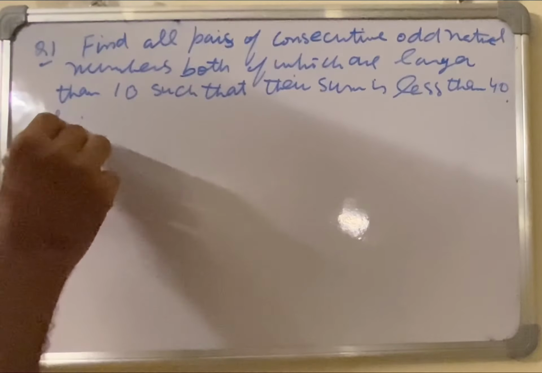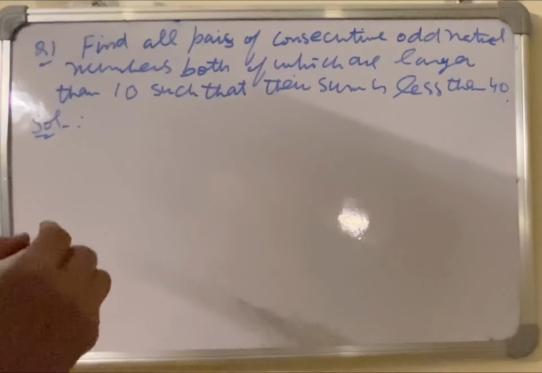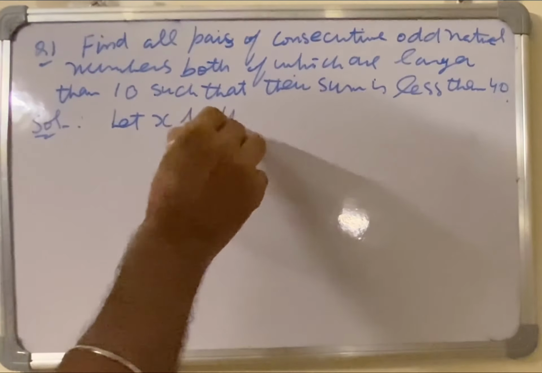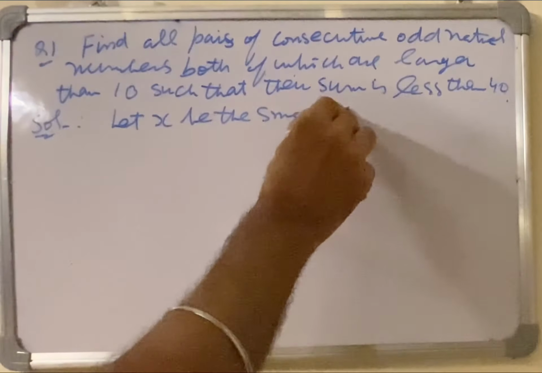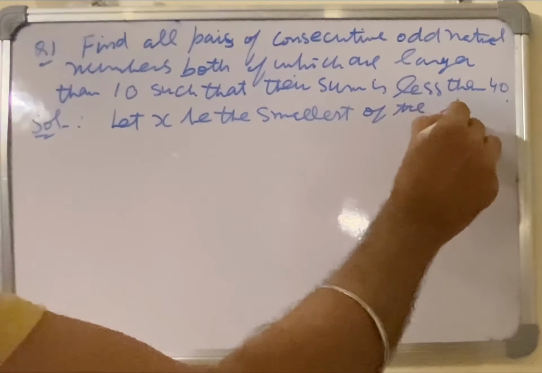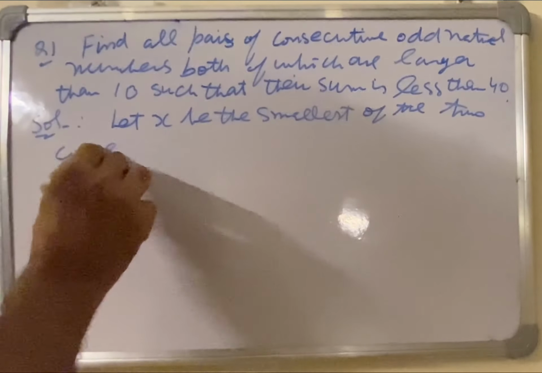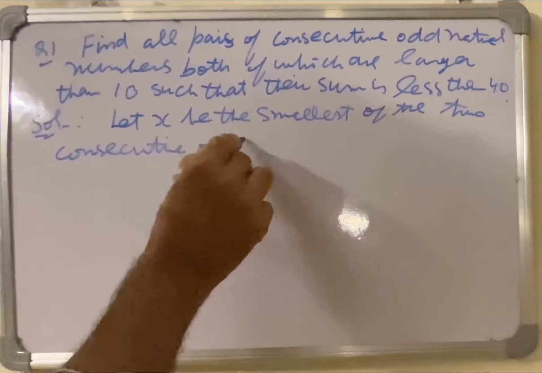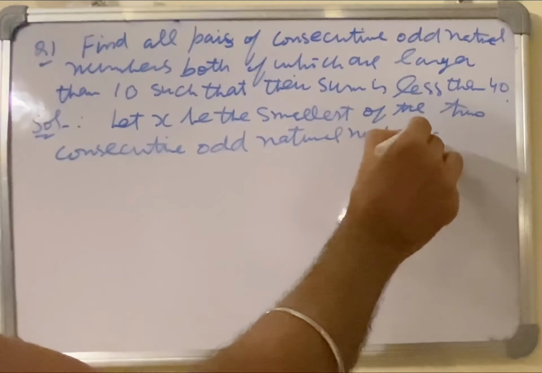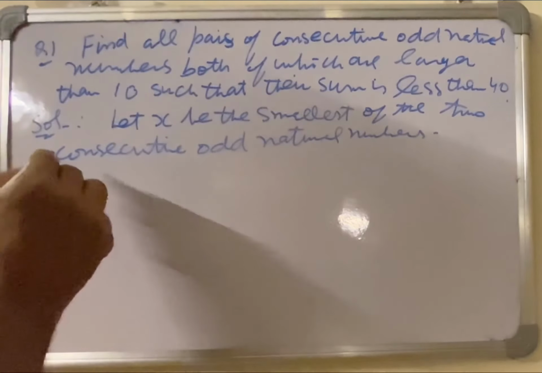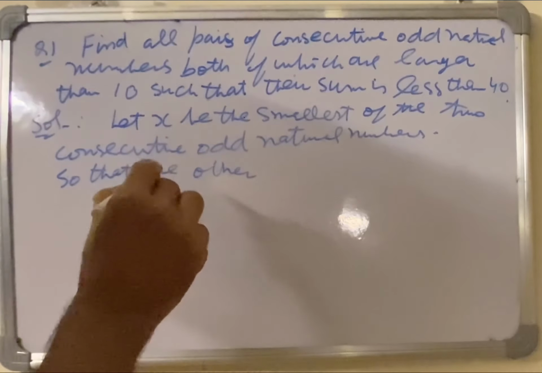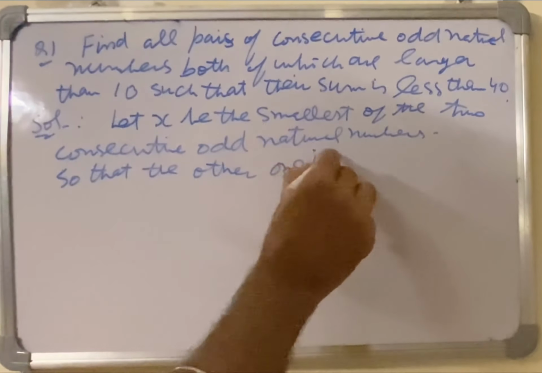Solution. Let x be the smaller of the two consecutive odd natural numbers, so that the other one is x plus 2.